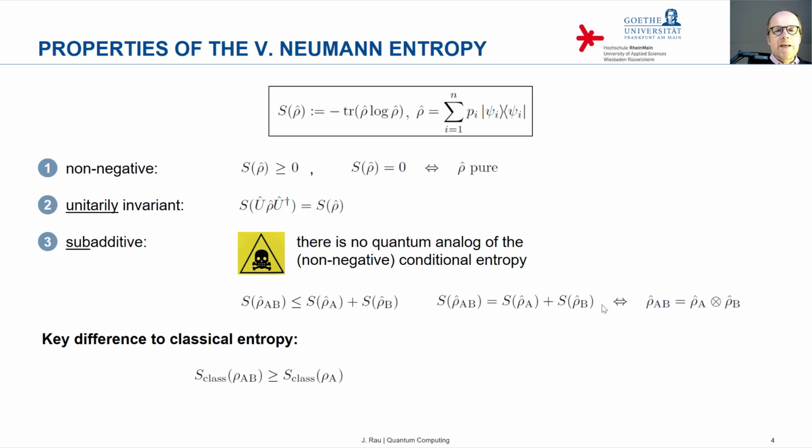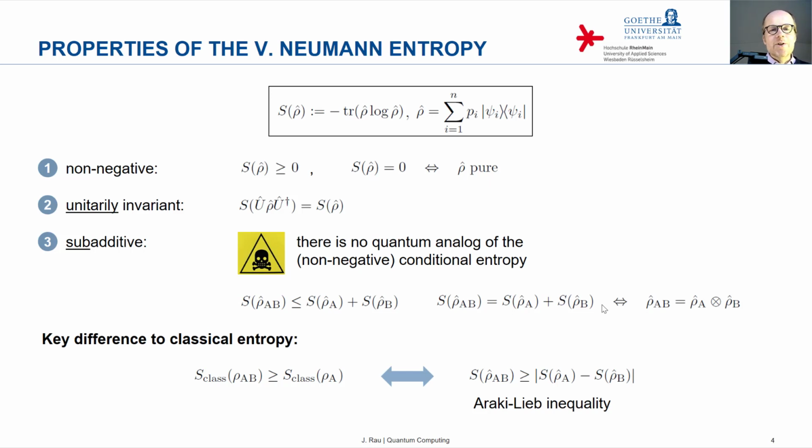In the quantum case, there exists only a weaker inequality, a weaker lower bound for the joint entropy, and this is the so-called Araki-Lieb inequality. The joint entropy is greater than or equal to the absolute value of the difference between the two individual entropies.